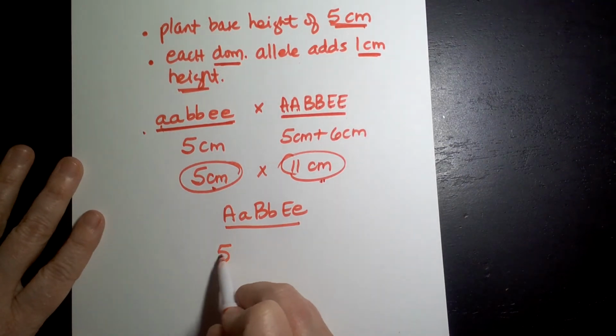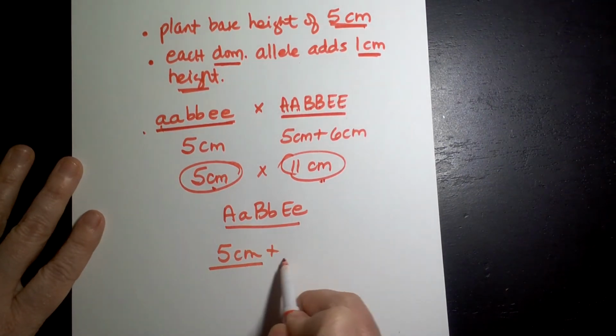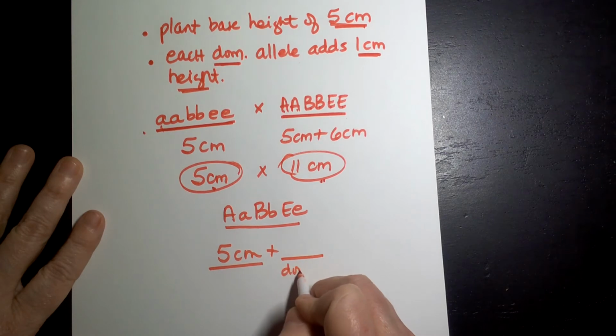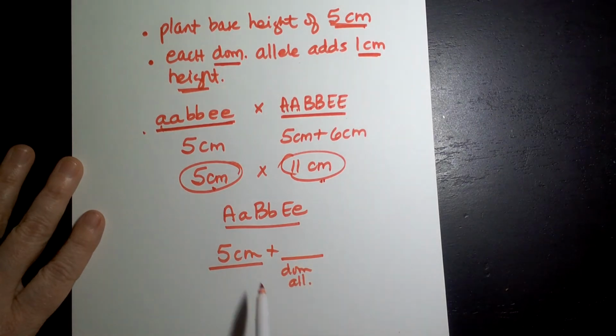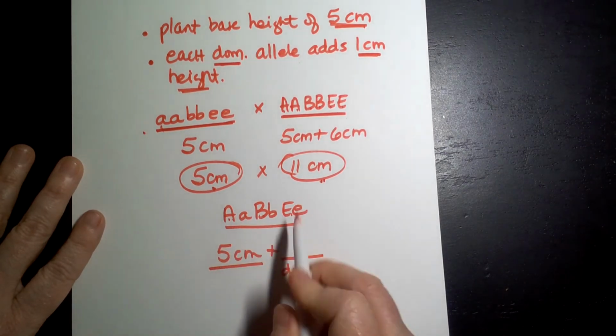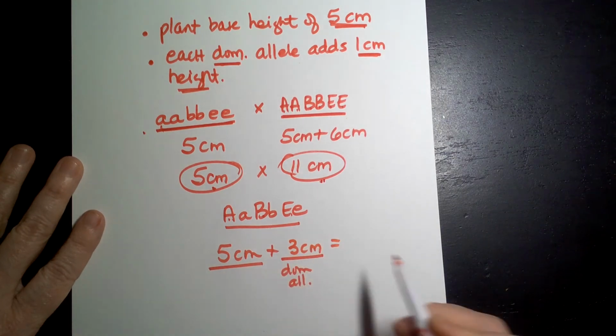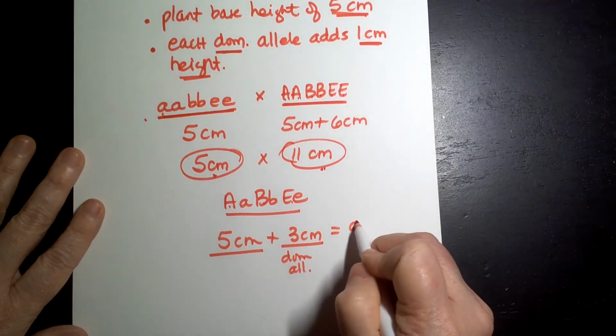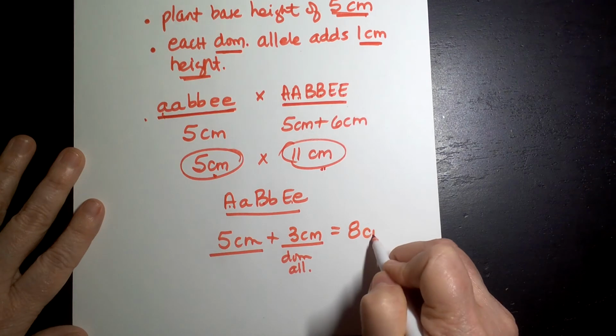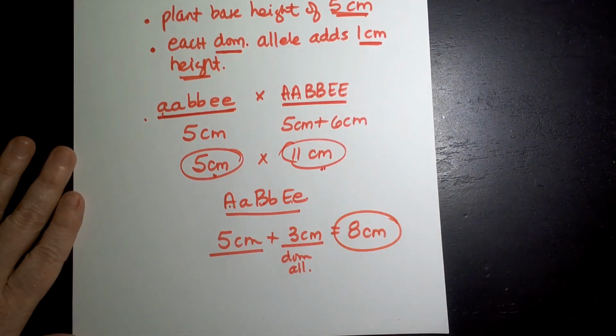Take your base height of 5 centimeters plus the number of dominant alleles. So this one has 1, 2, 3. They add 3 centimeters of height. So all the offspring would be 8 centimeters tall.